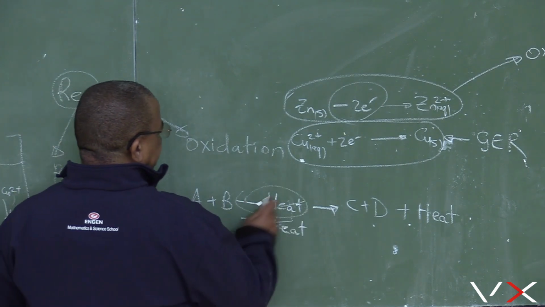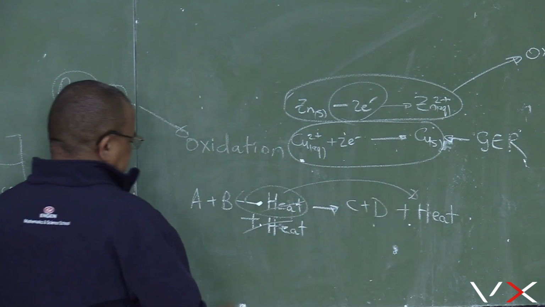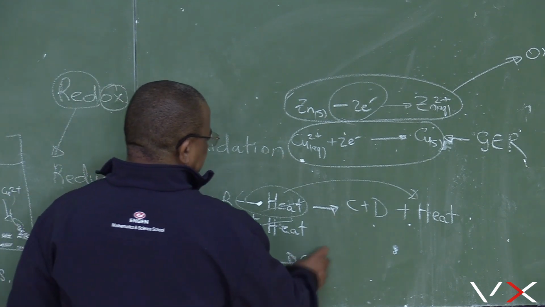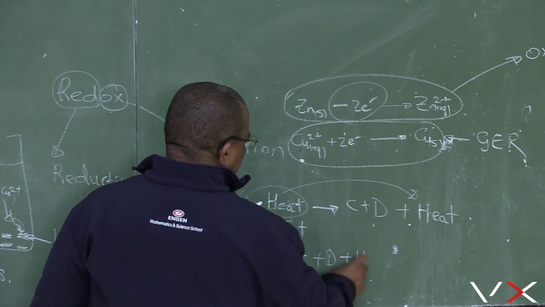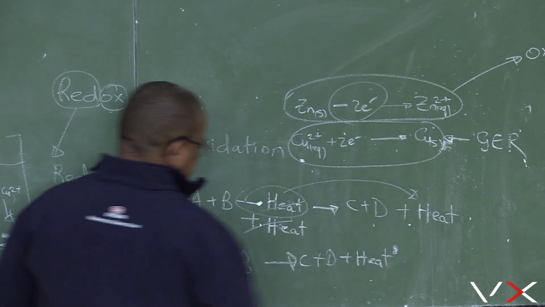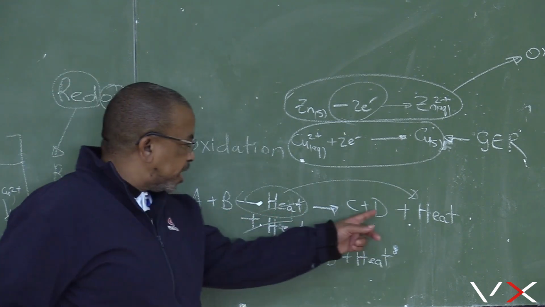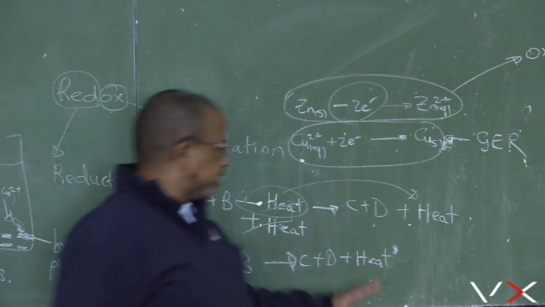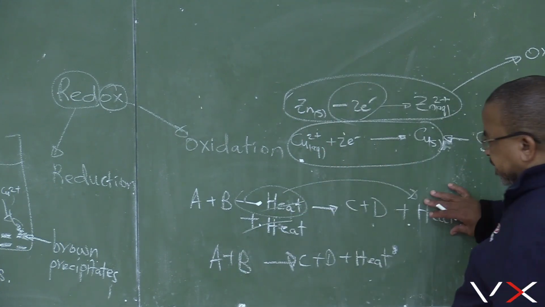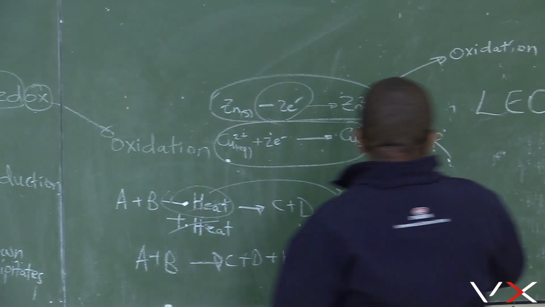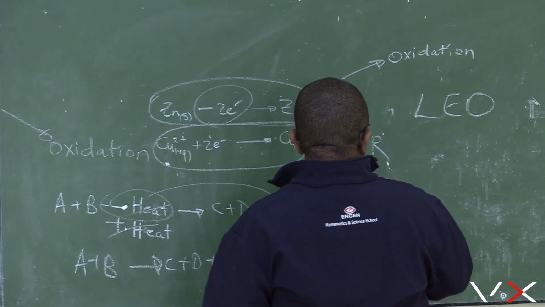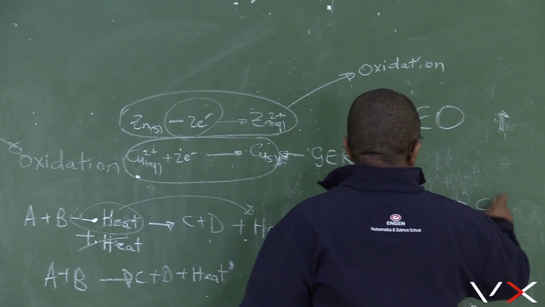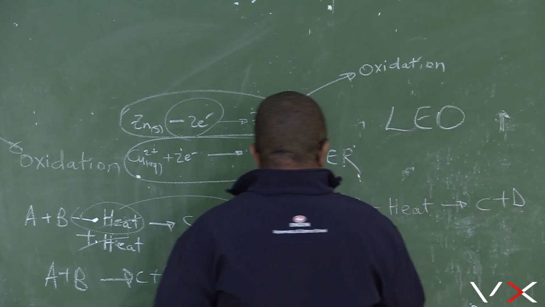So I remove the minus heat and put plus heat on the other side. In other words, if A reacts with B, it produces C and D, and heat is given off. This reaction is the same as this one.